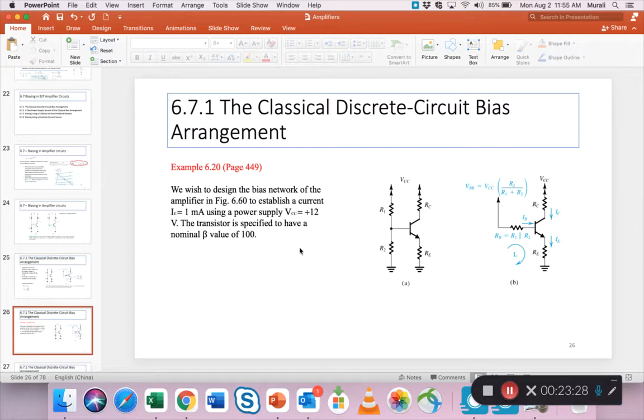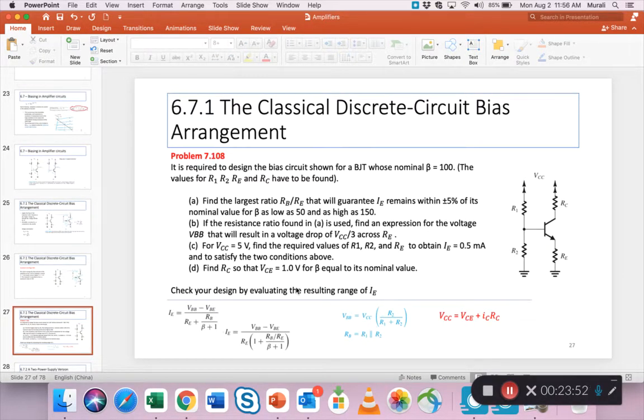In the middle of this example, you can see how he checks the IE using the values he just got for R1, R2, then decides they're not very satisfactory, so he goes back and changes it a little bit. So it's what we call an iterative process, but the process is not too difficult, so I will let you look through the example.